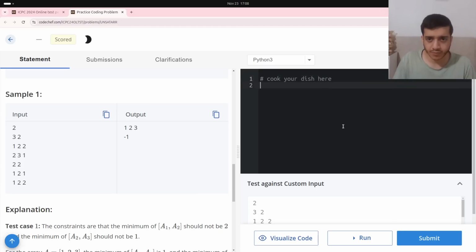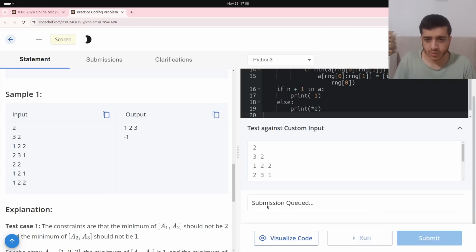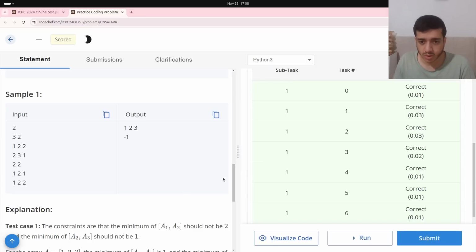Okay, let me check it out. 2 to 3, it should not be 1, but it wasn't. Okay, we got accepted. Great.